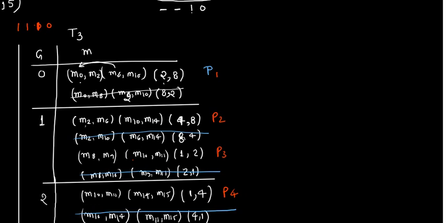So what were the terms? First we have to write all the minterms here: 0, 2, 6, 8, 9, 10, 11, 14, 15. So P1 would cover 0, 2, 8, 10.